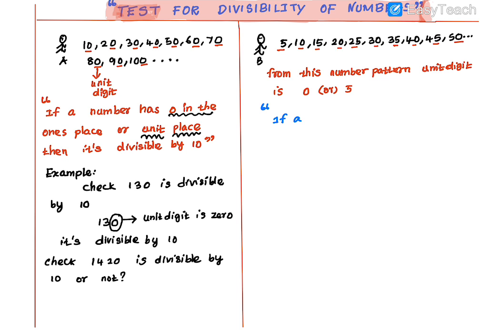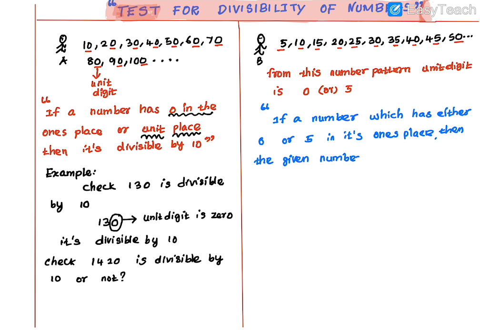If a number has either 0 or 5 in its ones place or units place, then the given number is divisible by 5.